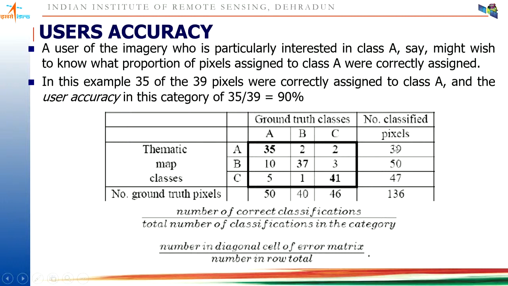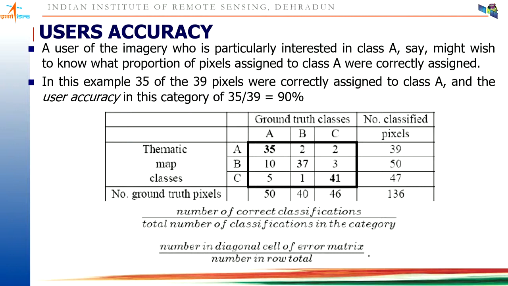Now he knows that you have classified 39 pixels as category A, out of which 35 are correct. So the user's accuracy of class A is 35 upon 39, that is 90%.